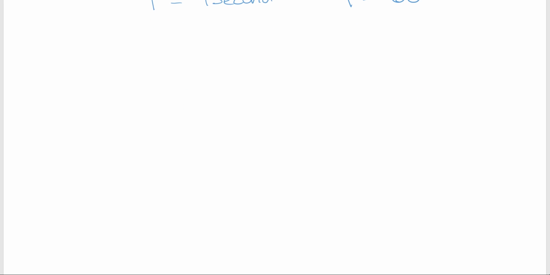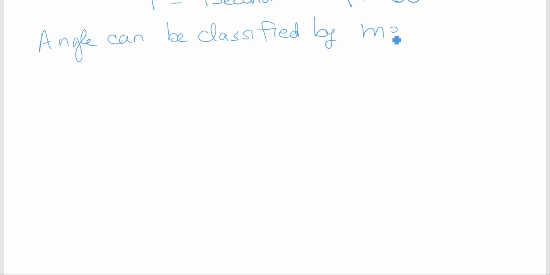Now, angles can be classified by their measure. And when I classify an angle by its measure, I can have a 0 angle.